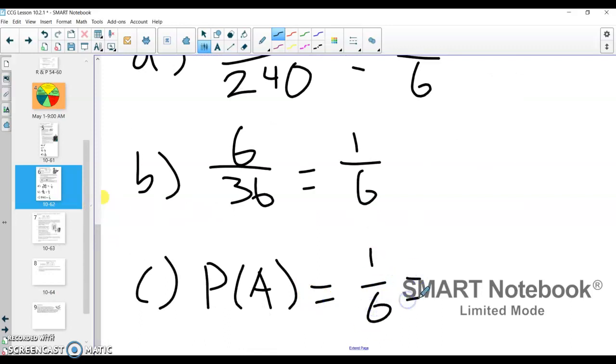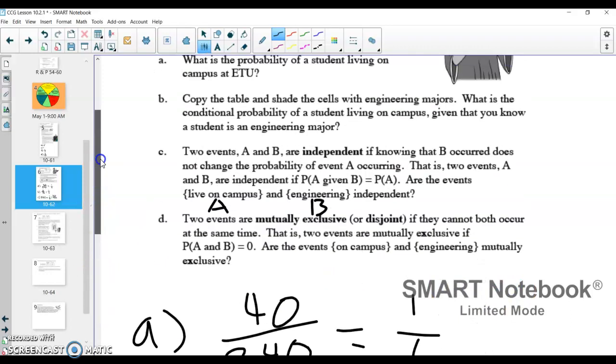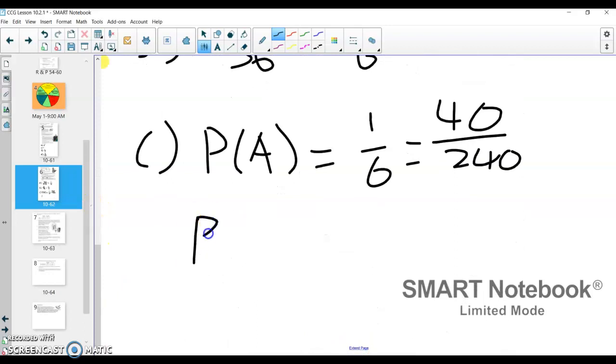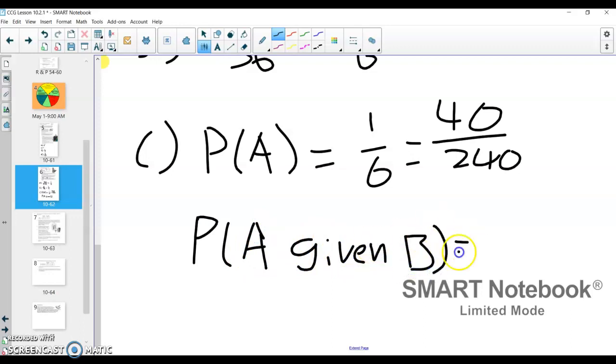We got that because when we looked at the probability of living on campus, it was 40 out of 240 chance that you live on campus if you go to this school. And then the probability of living on campus, A, given that we know that they are engineering majors, B, we also said was 1/6.